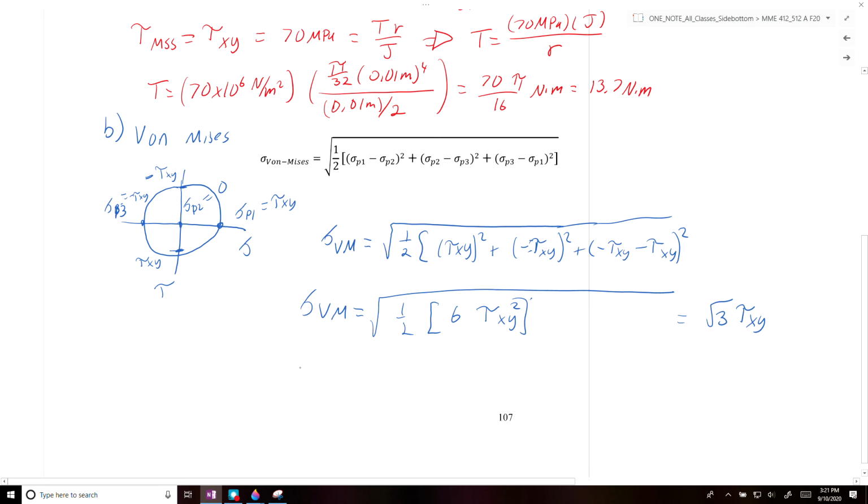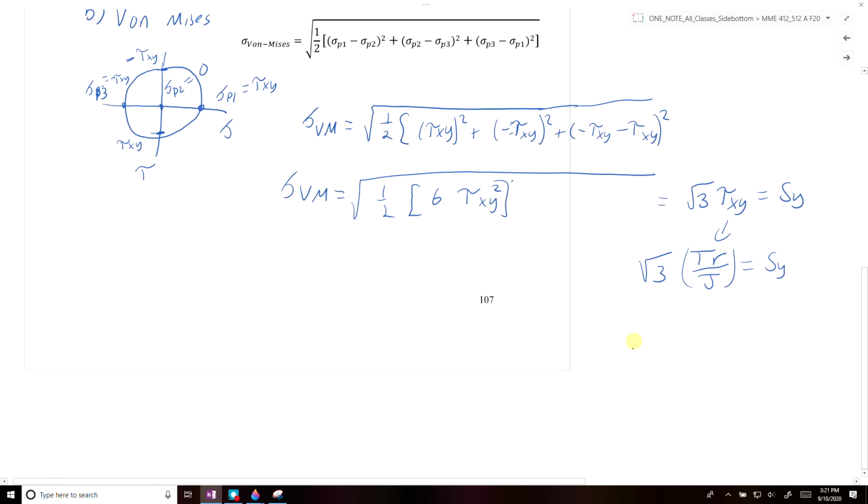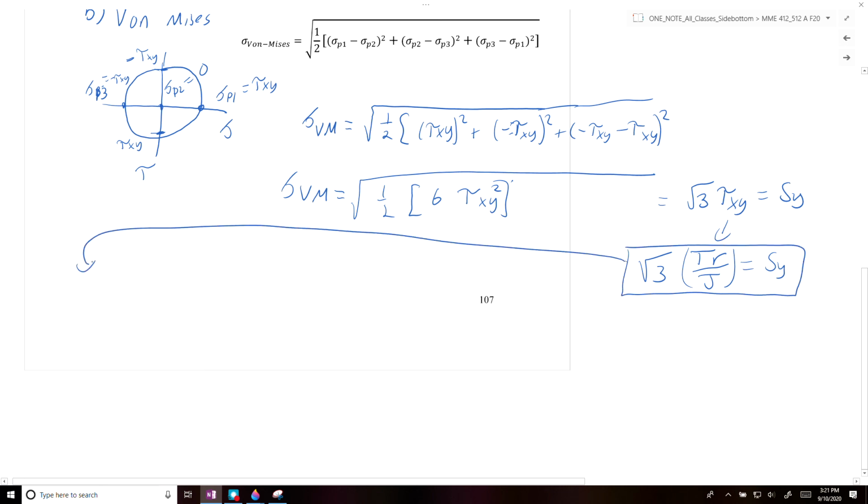We know that we can set our sigma von Mises equal to the yield strength at the point of failure, and tau xy we can plug in as TR over J. We can use this equation and rearrange it to solve for T. So T is going to be equal to SY times J over R, over radical 3.